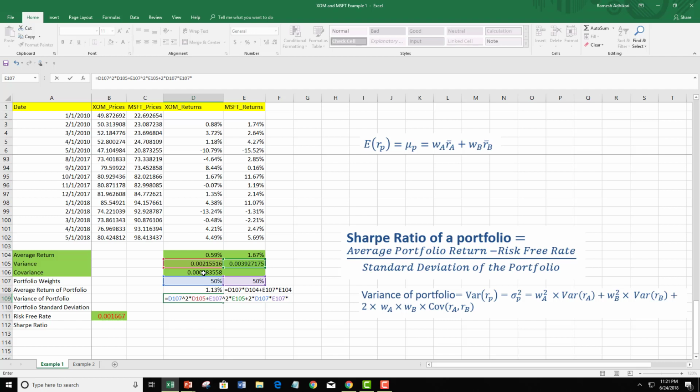It's the covariance which we have already computed. If you include all of these, you can simply hit enter and that gives us the portfolio variance, and I can show you the formula.